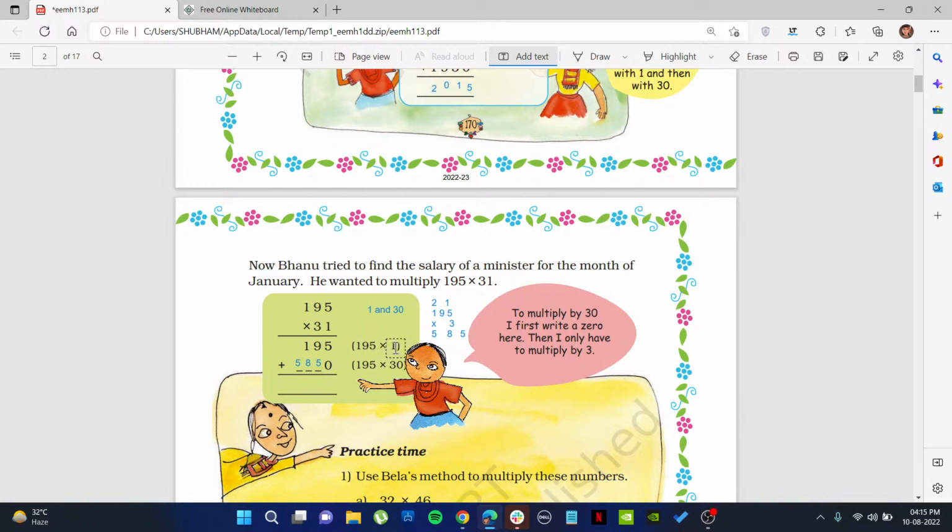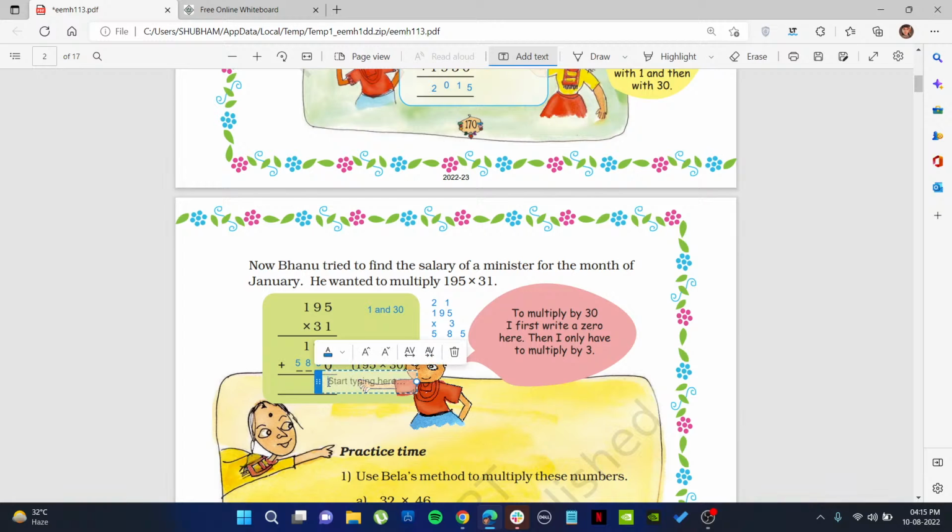Now if we multiply 195 with this 30, we will get 5850. So now we will be adding these two numbers to get our final answer.